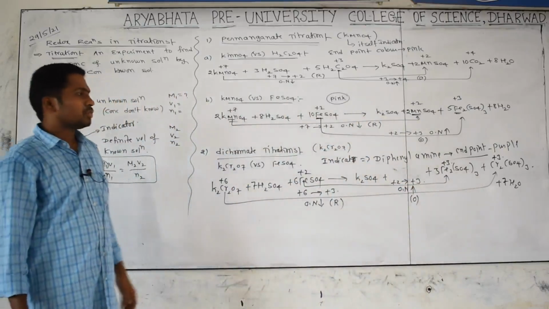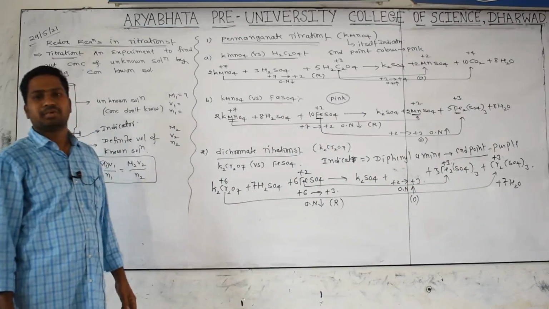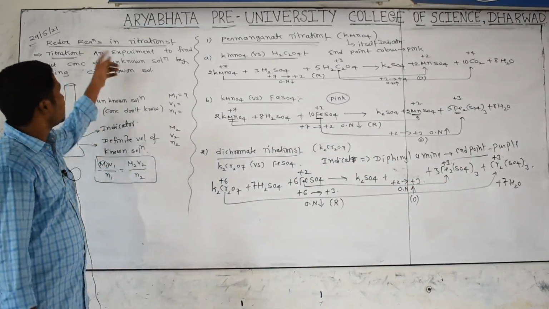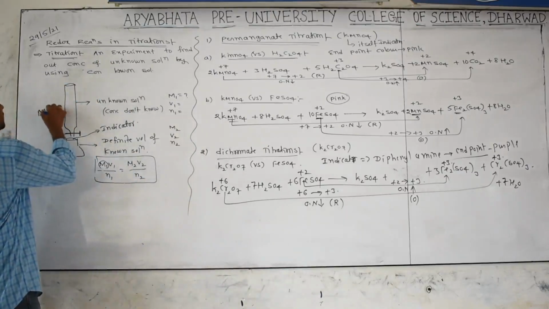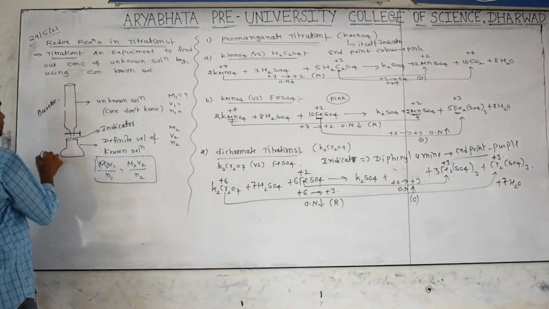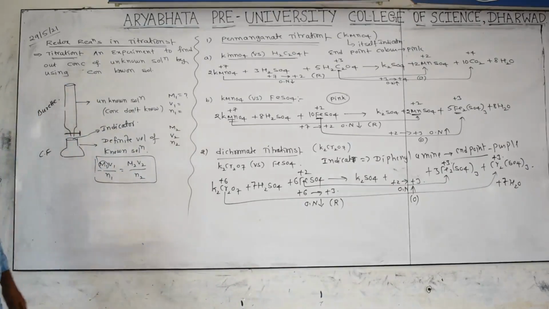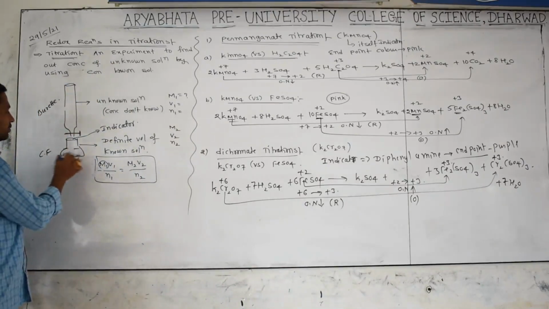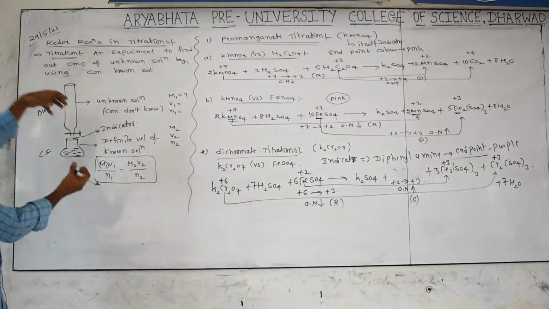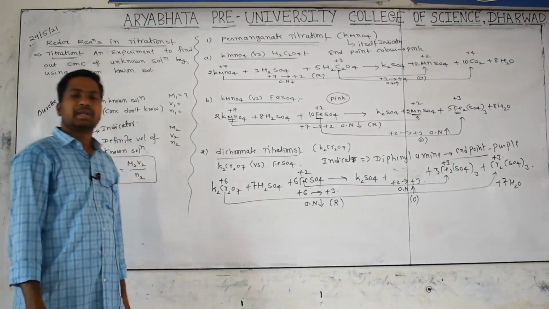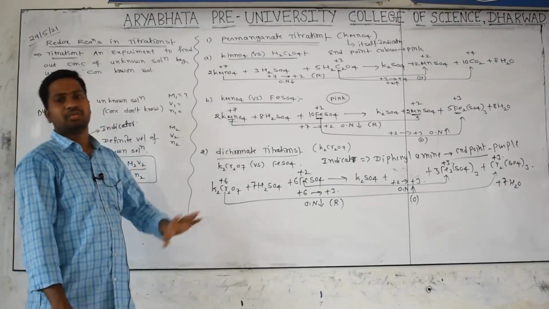Like that, both oxidation and reduction happen in some titrations, they are called redox reactions in titrations. This is called a burette, and you know very well this is called a conical flask. We take a definite volume of the solution and add an indicator. After completion of the reaction between the two chemicals, we get a special color, and we stop the experiment.